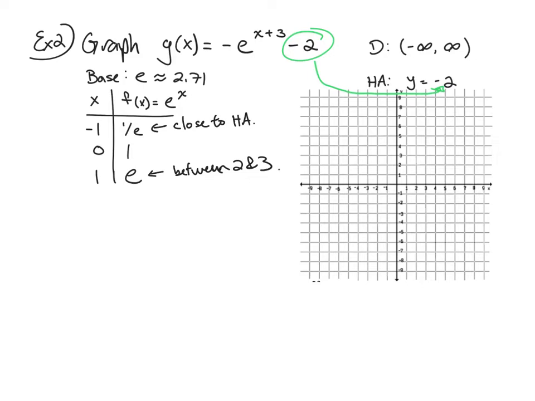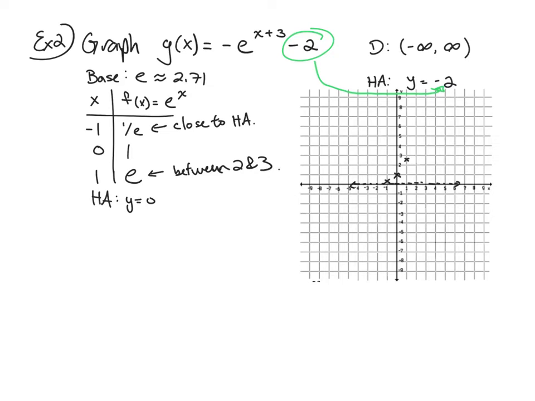All right. So we have our parent function. Let's get this over here. The horizontal asymptote for any exponential parent function will be y equals 0. So I'm just going to get it on the graph over here. There we go. 0, 1, somewhere between 2 and 3, and close to the horizontal asymptote. All right.